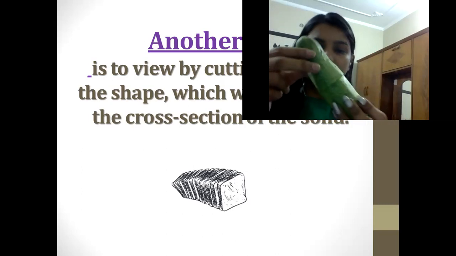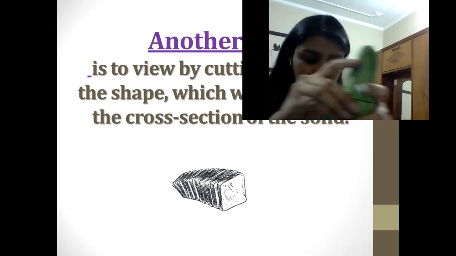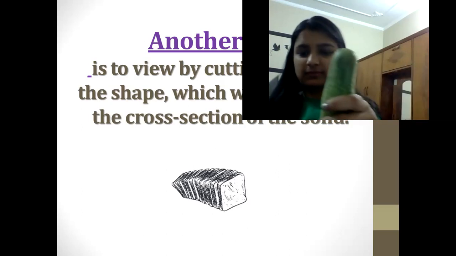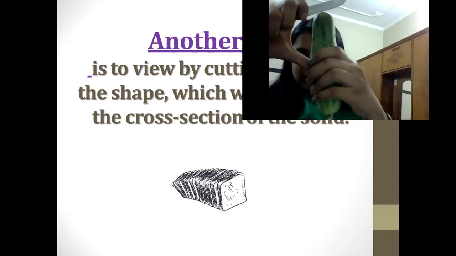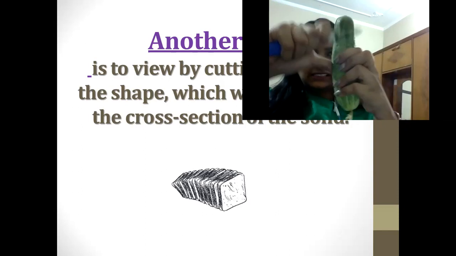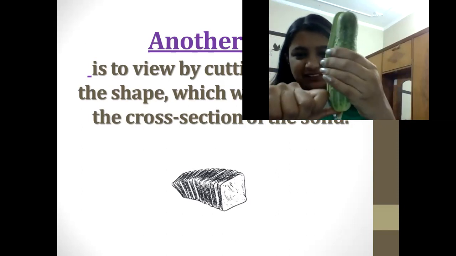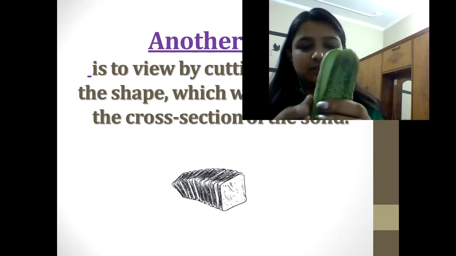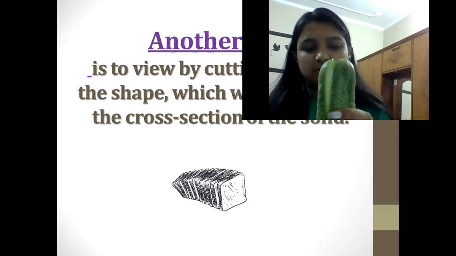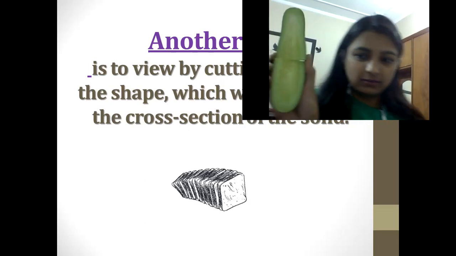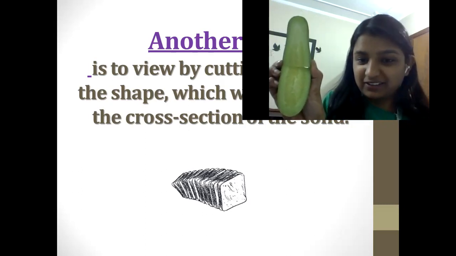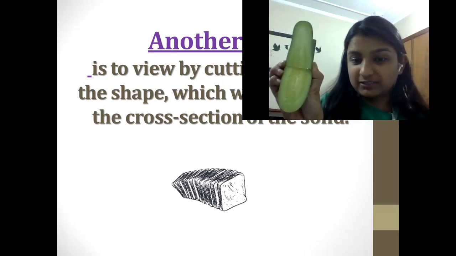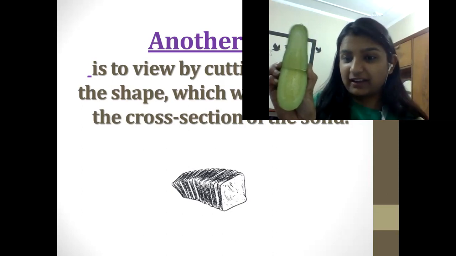Okay, so now let me cut it from another angle also. Yes, what you can see is this 3-dimensional object has converted into what, a kind of rectangle we could say. Yes, so it has been converted into a rectangle.